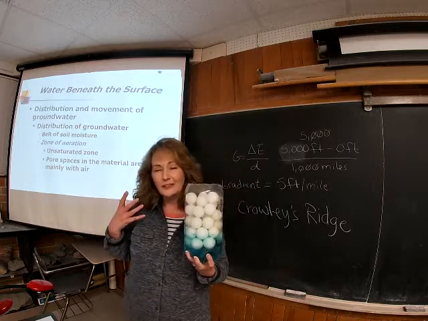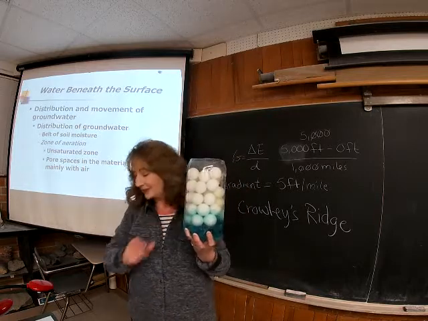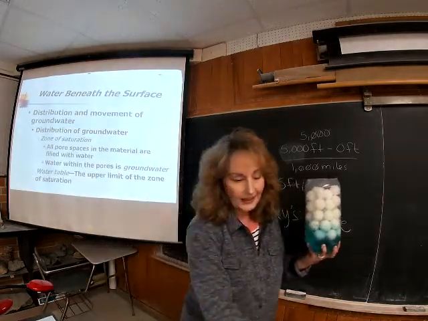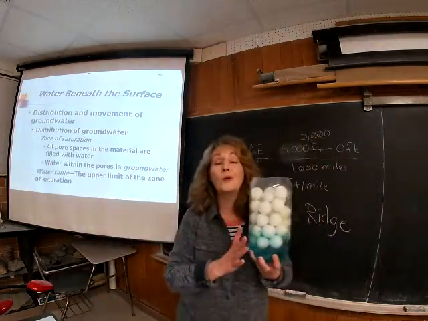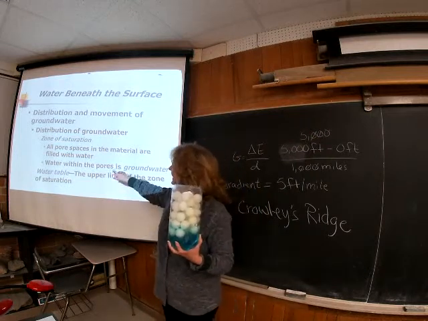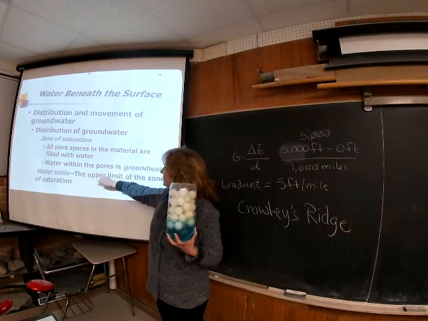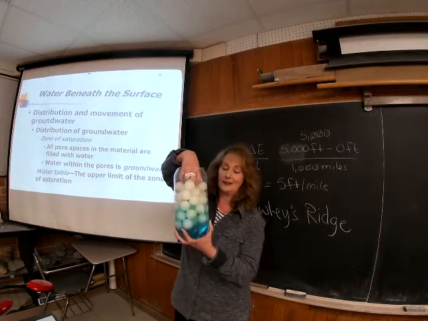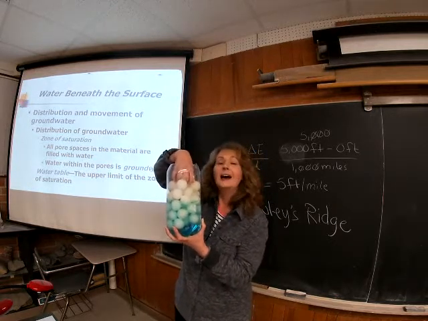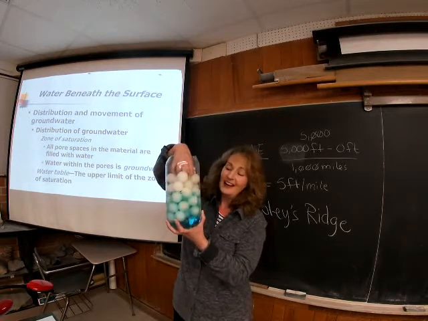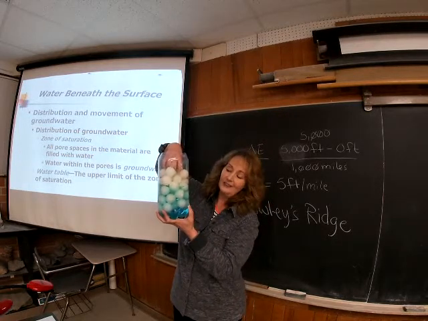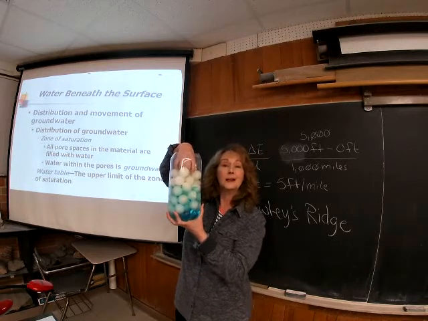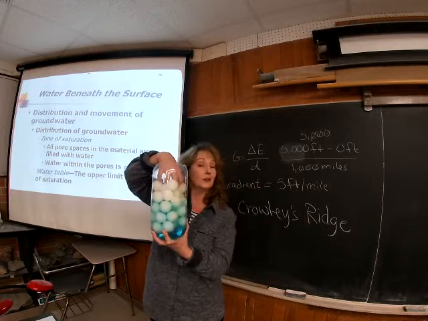But the zone of saturation is where all those pore spaces are filled in by water. Water within the pores is called groundwater. So down in there, there's groundwater. Even here in Monticello, the sediment that we have gets filled in. Those pore spaces get filled in with water, and that is known as groundwater.